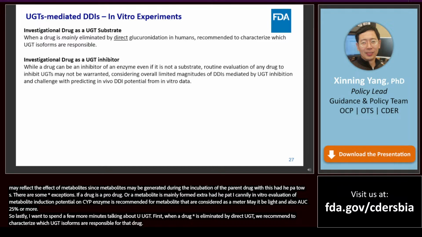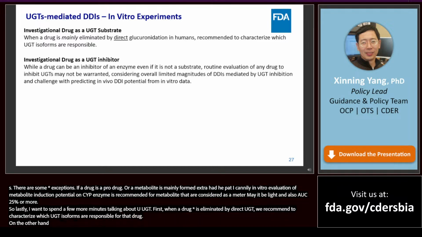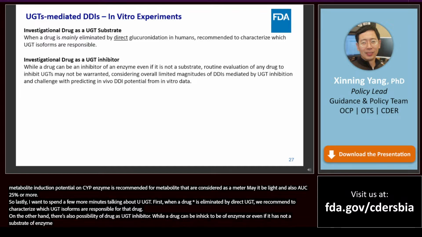On the other hand, there's also the possibility of an investigational drug as a UGT inhibitor. While a drug can be an inhibitor of an enzyme even if it is not a substrate of the enzyme, we consider routine evaluation of any drug to inhibit UGT may not be needed.